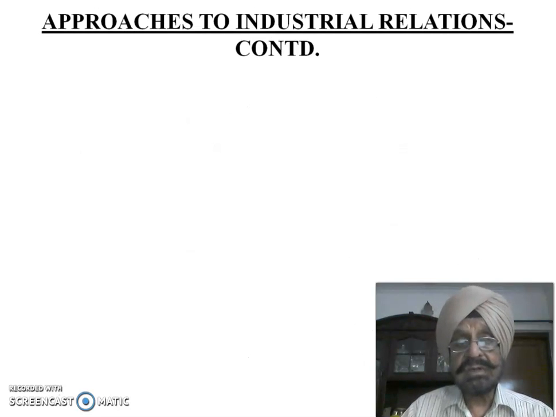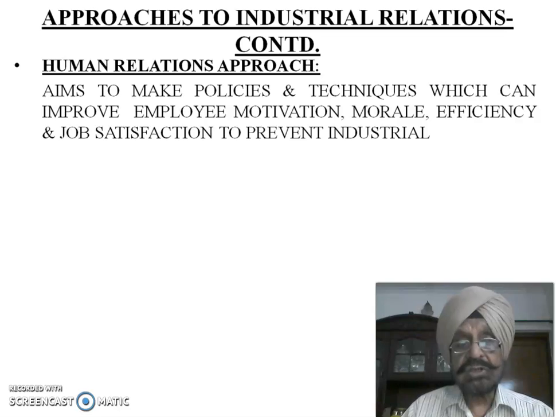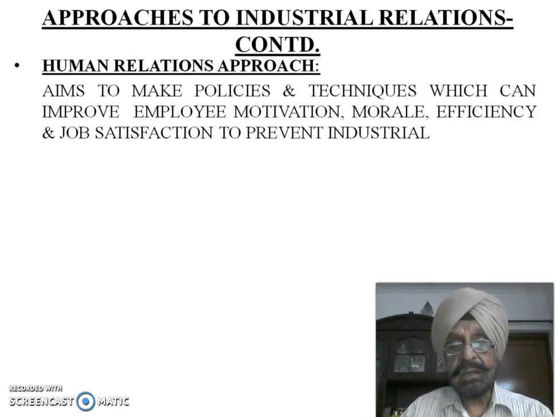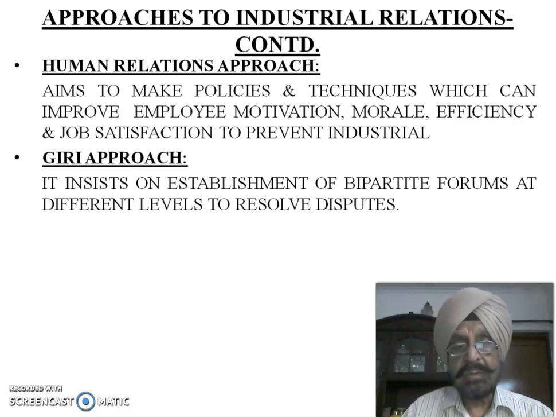Then the next one is the human relations approach. This aims to make policies and techniques which can improve employee motivation, morale, efficiency and job satisfaction to prevent any industrial dispute. Giri approach: it insists on establishment of bi-party forums at different levels to resolve disputes.